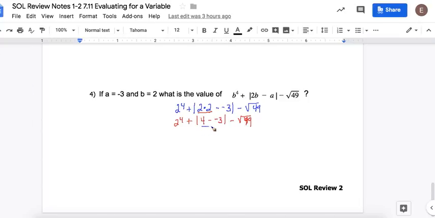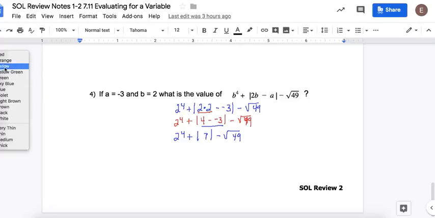So we have to do 4 minus -3. And 4 minus -3, KCC says that that's 7. And the absolute value symbol is not gone until I actually take the absolute value of it. So now, finally, I'm going to take the absolute value of 7, which is +7. Now I get rid of the absolute value symbol.